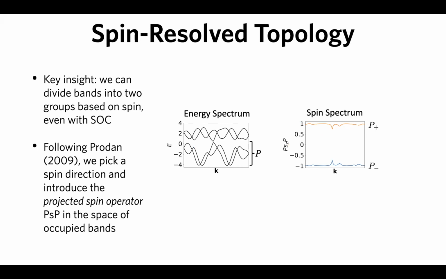But the key insight that goes back to Prodan is that these bands, if the spin orbit coupling doesn't actually even have to be weak, except in exceptional cases, we'll still have some bands that have mostly negative spin eigenvalue and some bands that have mostly positive spin eigenvalue. We can be a little bit more precise about that. This spectrum of the spin operator also depends continuously on the spin orbit coupling and parameters of the Hamiltonian. It's really a gauge invariant object. It changes smoothly when I perturb the Hamiltonian, and that means that it's something that I can look at.